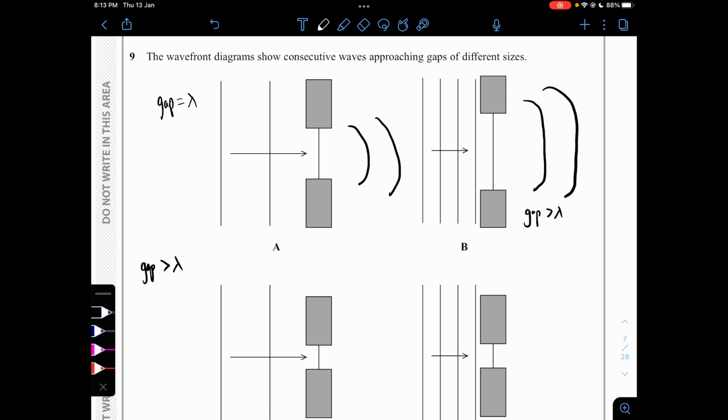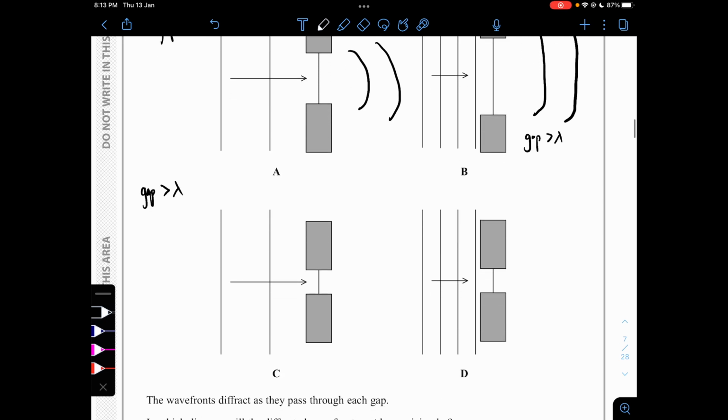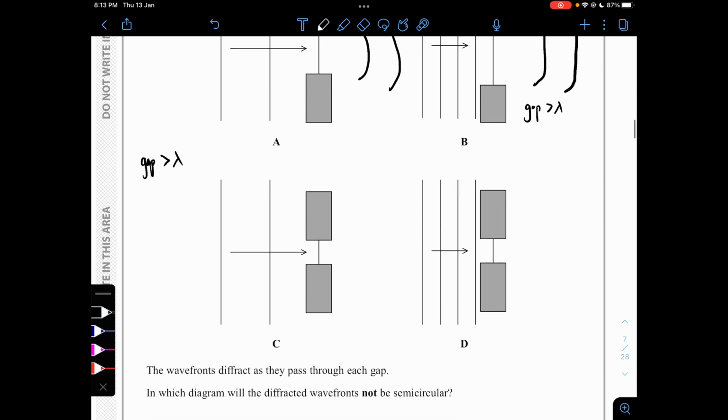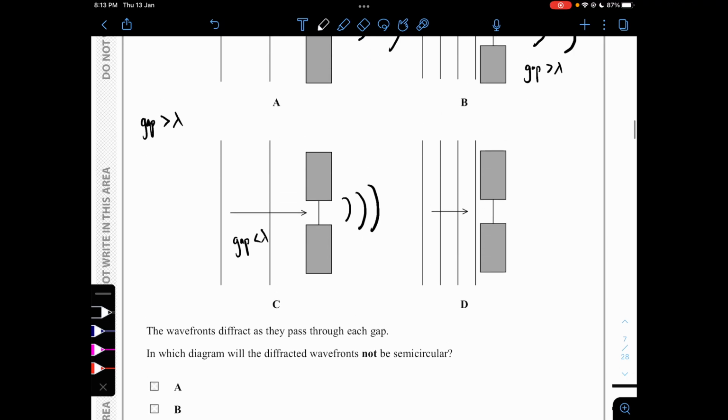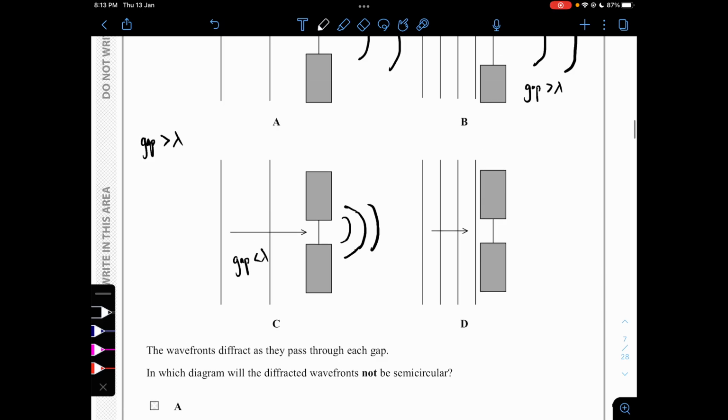not semicircular. What about C? The gap is much smaller than lambda, so it'll just be semicircular, circular all the way across.